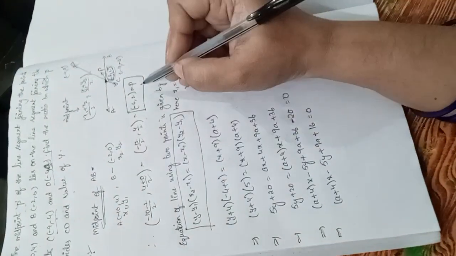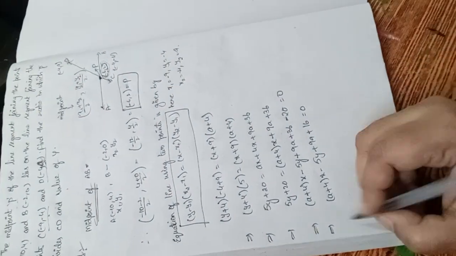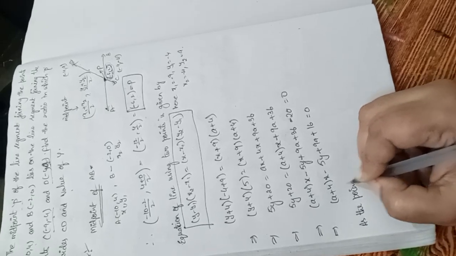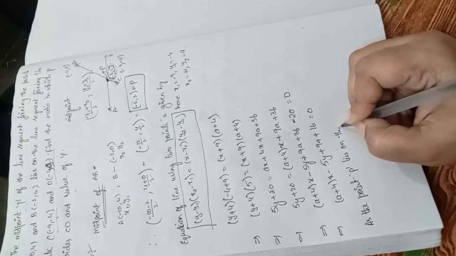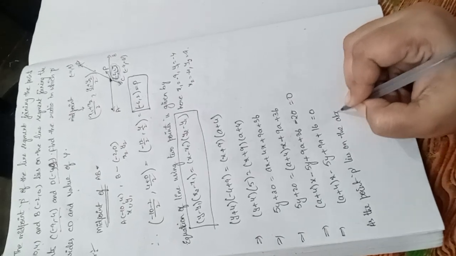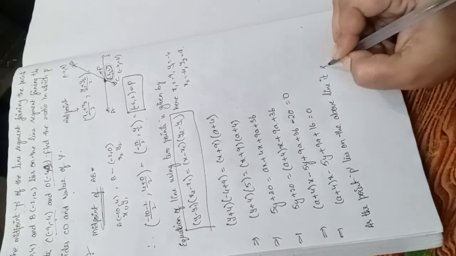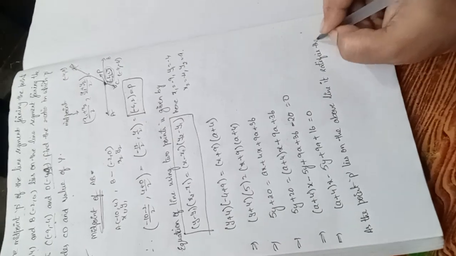But here we know the point P (-6, 2) satisfies this equation, as the point P lies on the above line.